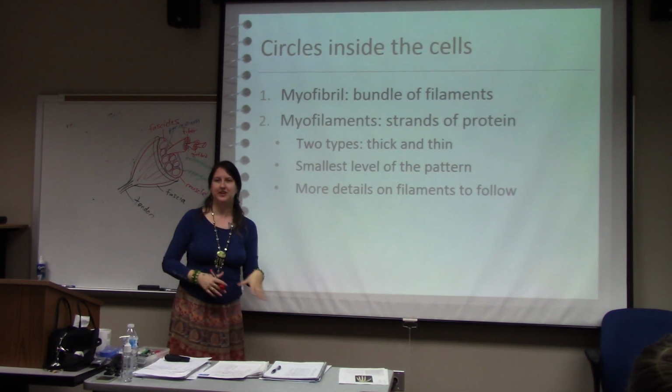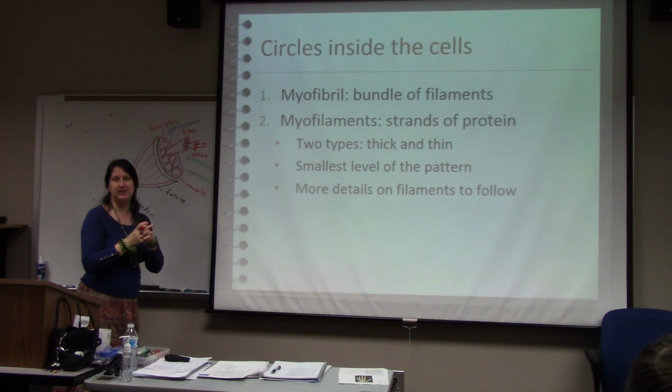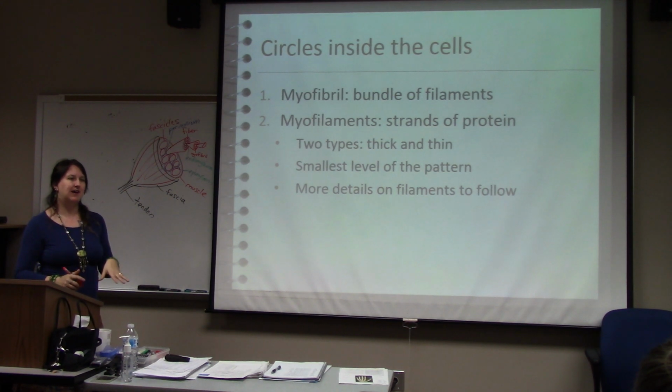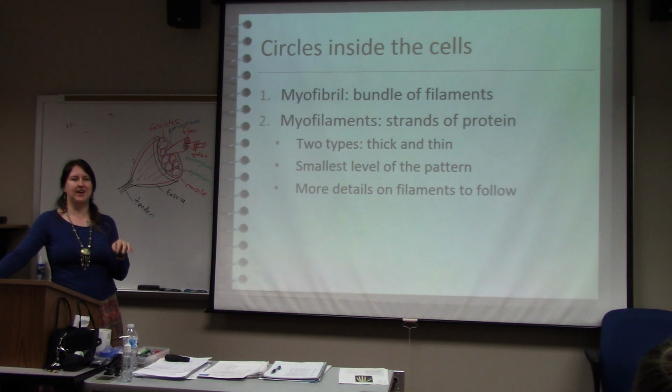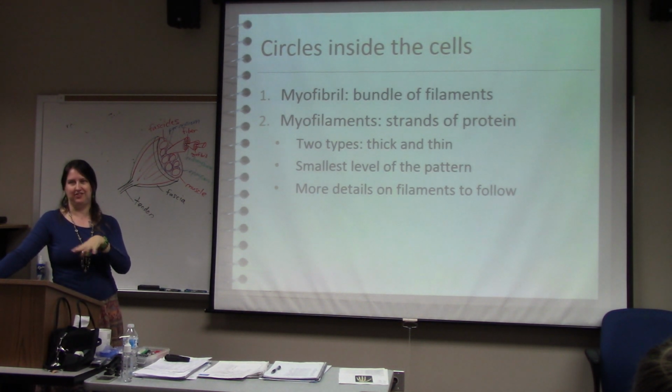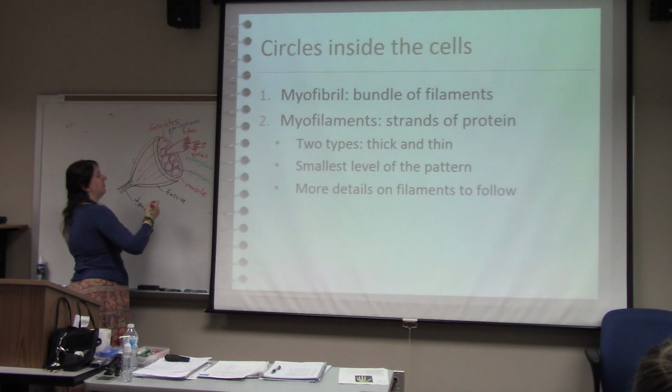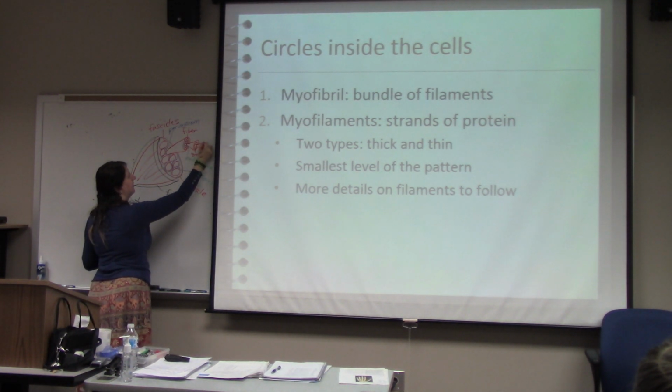A myofibril is a bundle of filaments, which is basically cytoskeleton, but they have very important intermediate filaments in them and a specified structure of those filaments. Those are myofilaments. There's thick ones and thin ones.